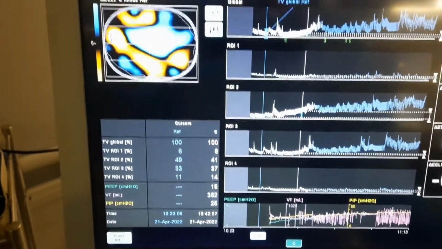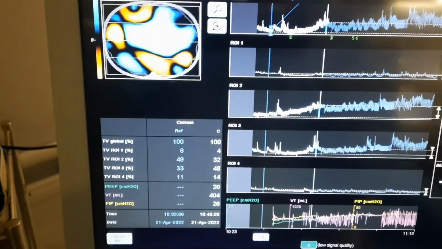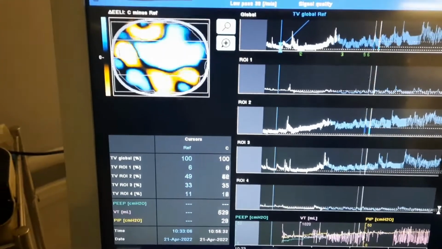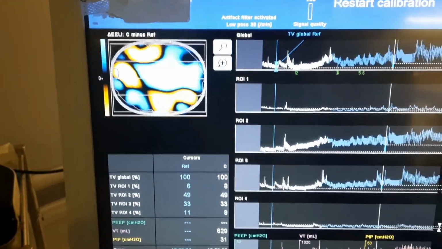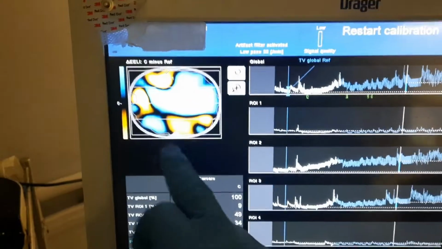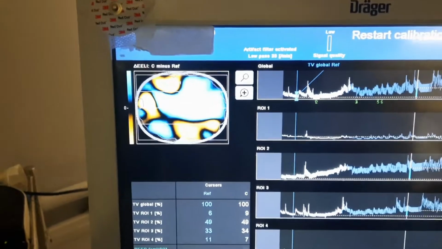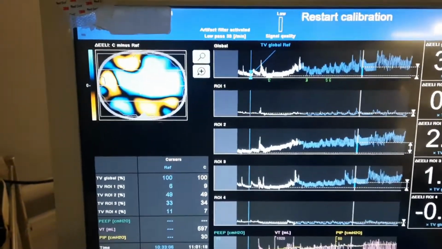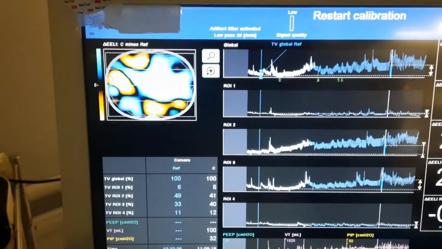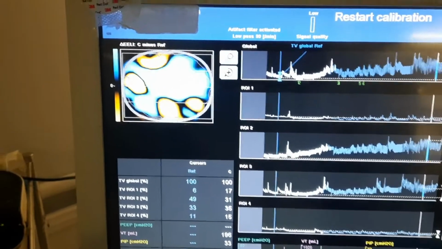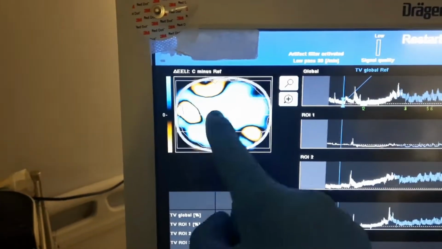Here we're transitioning from the highest PEEP over to APRV. And we're still having trouble recruiting here. There's definitely a lot more recruited in the ventral to mid-dorsal area, but we're still trying to recruit the base. We're seeing some recruitment here.